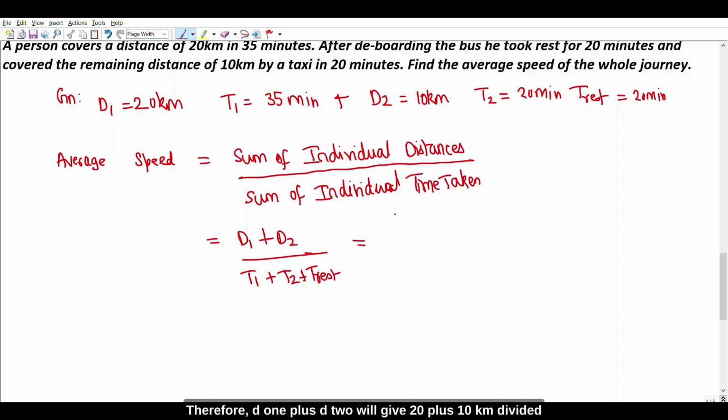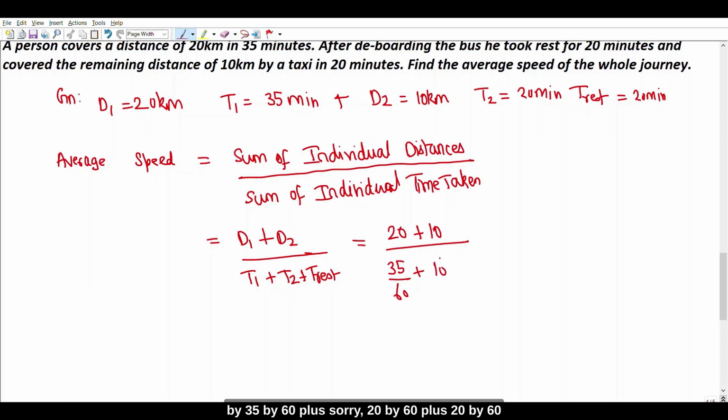Therefore, d1 plus d2 will give 20 plus 10 kilometers divided by 35 by 60 plus 20 by 60 plus 20 by 60, which in turn will give 30 divided by 75 by 60.